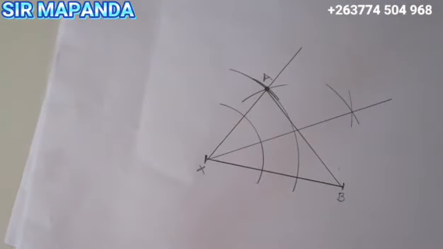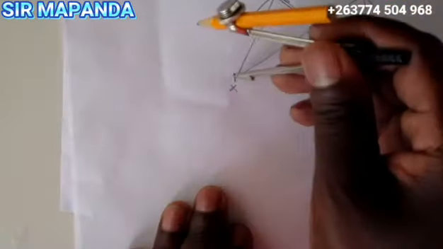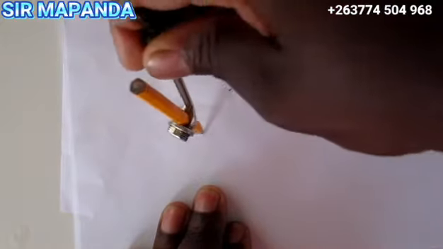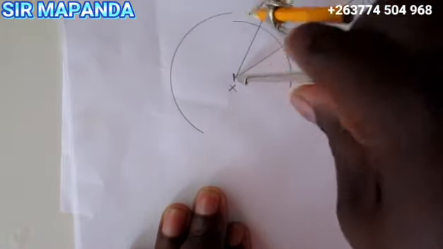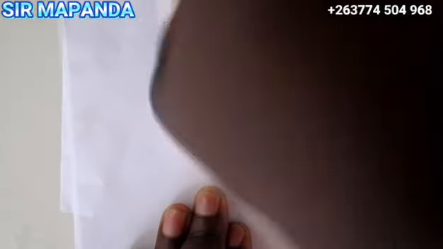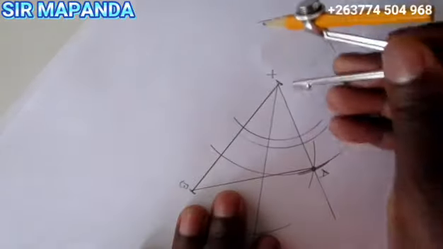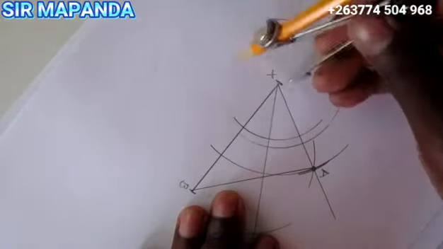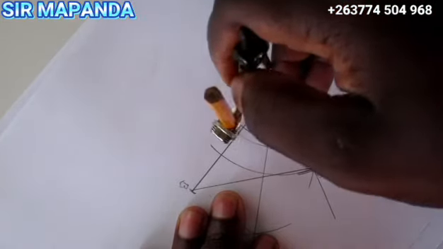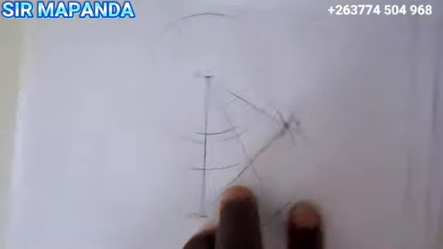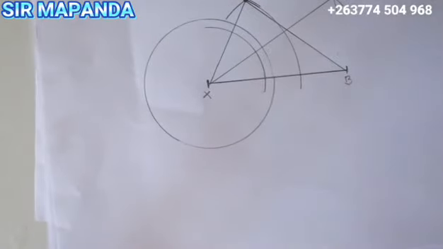From X, it means X is the center of the circle. So you have to draw the circle from this point X right round, which is a full circle. I hope you are following, class. A full circle from this point X, so as to satisfy your locus like this. Then you are home and dry. Right. Then we move on to part 3.